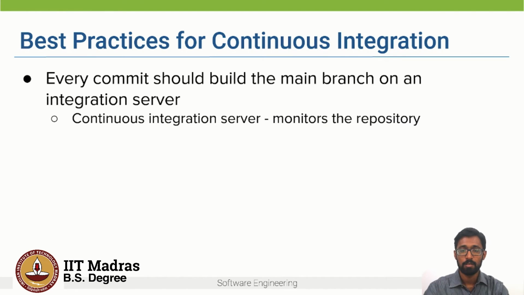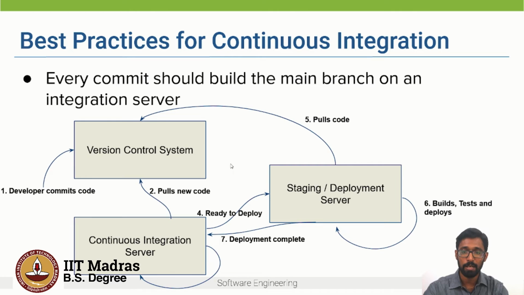So every time a commit happens, the CI server should pull the new code, build and do the integration testing, and notify the developer who committed the code whether everything is working correctly or not.